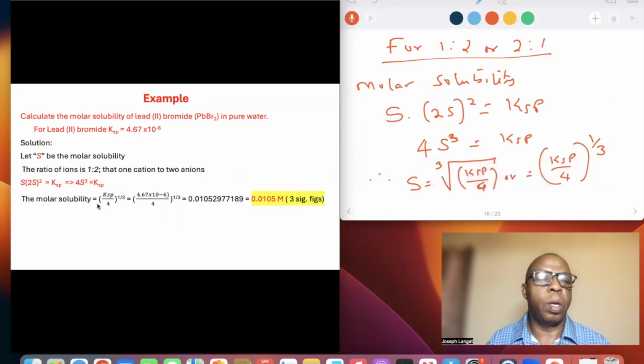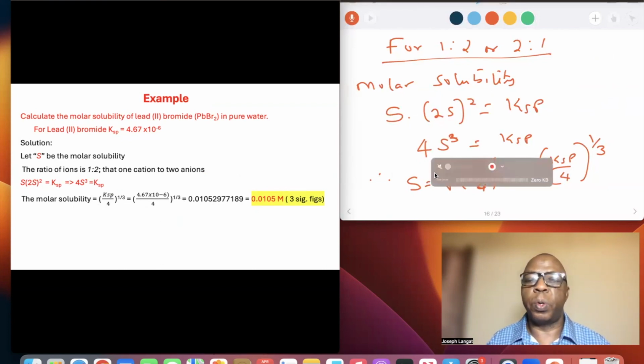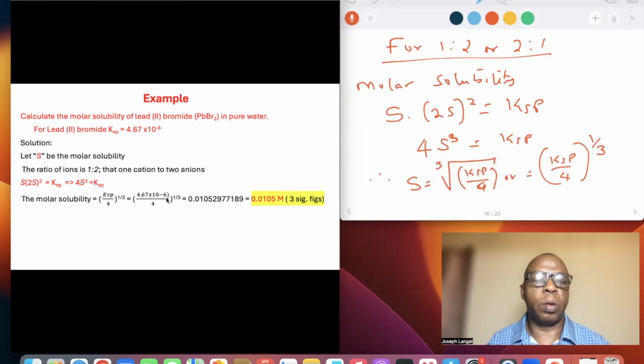The cube root is the same as raising the whole setup to 1/3. Please pay attention to significant figures. This is more than what we need. We have here three significant figures, so this will be three significant figures. This is the molar solubility of lead 2 bromide in pure H2O.